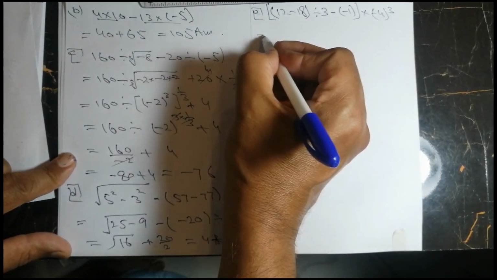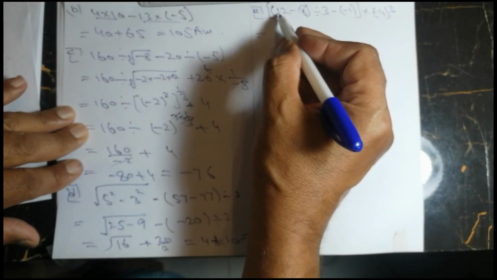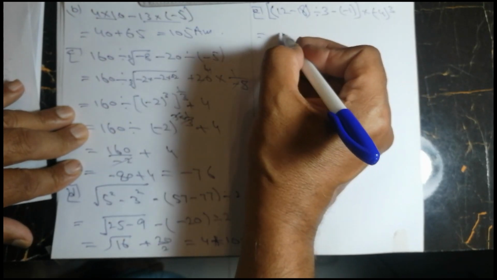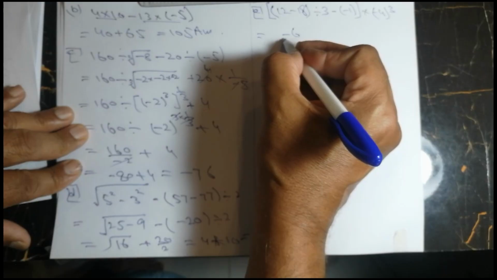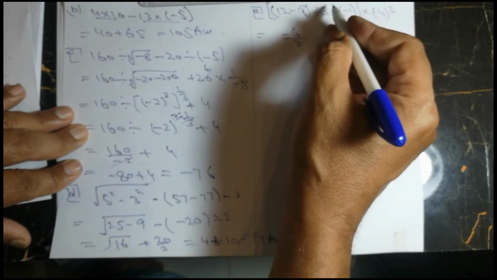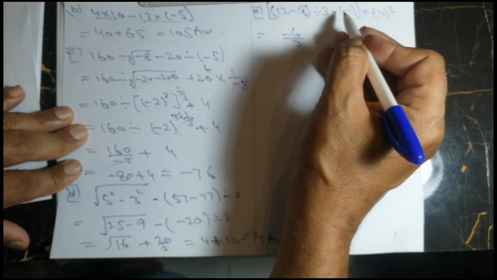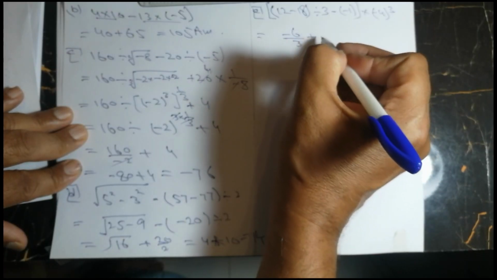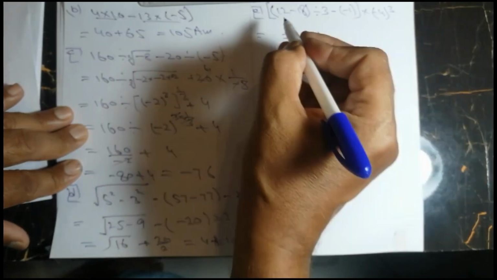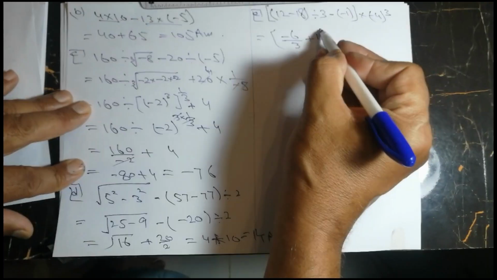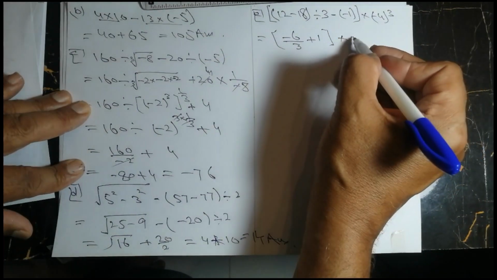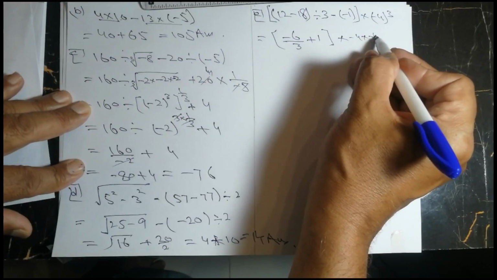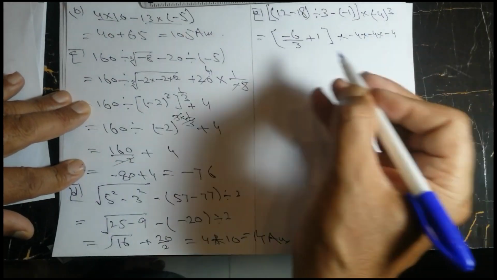So first solve inside the bracket. 12 minus 18 is minus 6 divided by 3, and minus into minus is plus, so plus 1, into minus 4 three times, this will be minus 4 minus 4 minus 4.